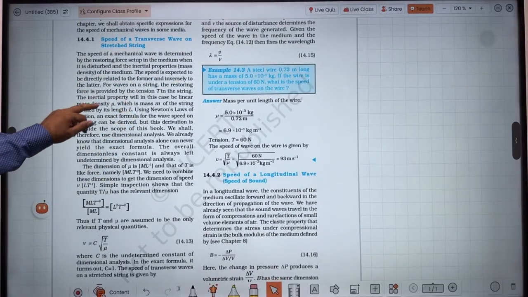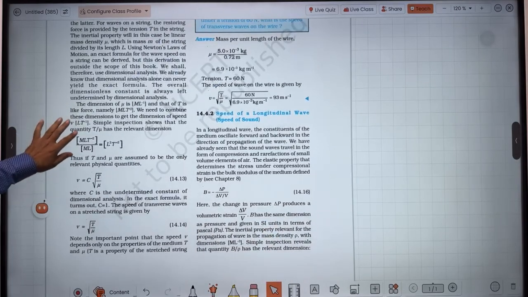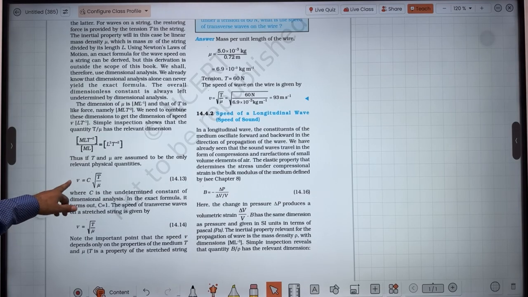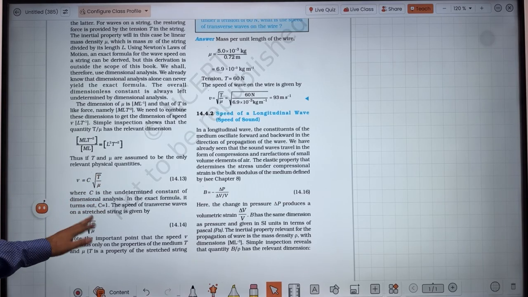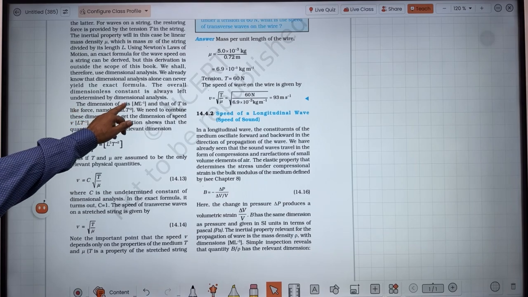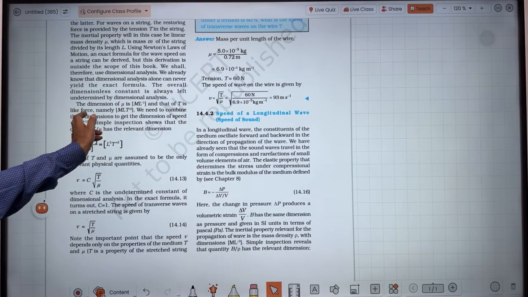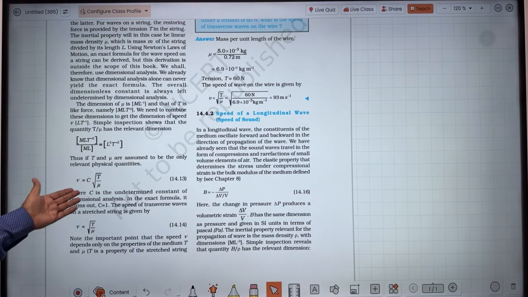Here, speed of transverse waves on a stretched string. So, in case of a stretched string, what do we need? We need tension and mass per unit length. So, here v equal to root of T divided by mu is given, where mu is mass per unit length and T is tension, which is force.